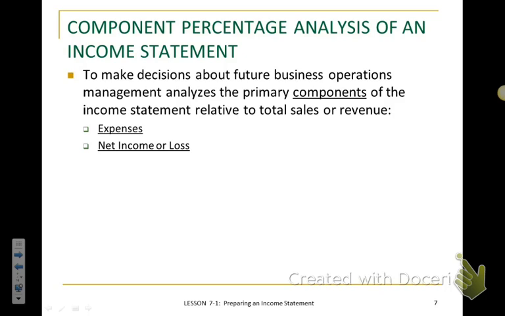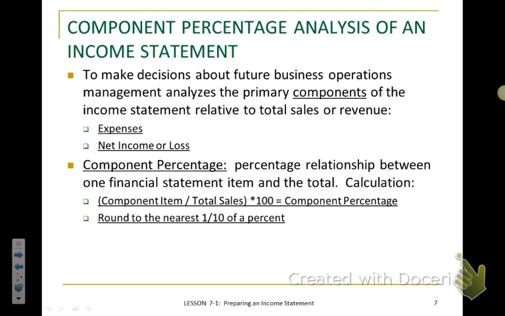So how they do that is they figure out what the components of their income are. They look at and analyze the different actual items and figure out what they represent to the total. They want to look at what their total expenses represent and what their income or loss is as it relates to their total sales.